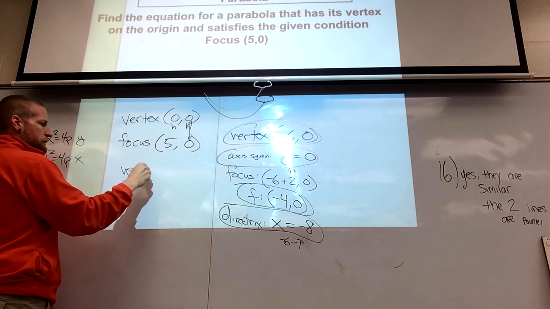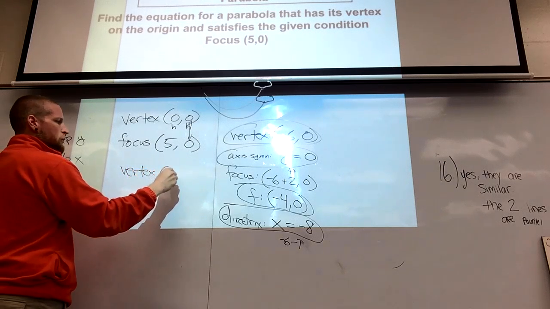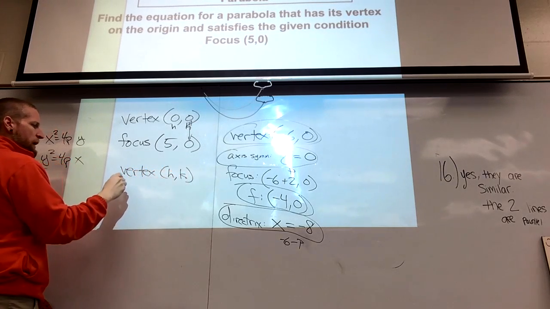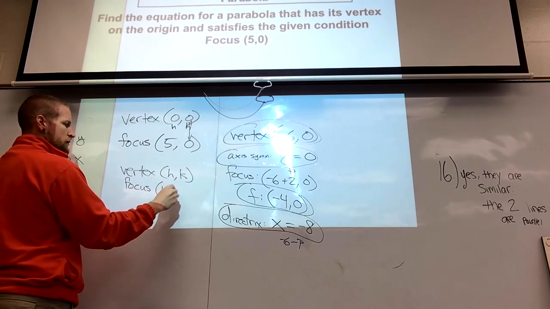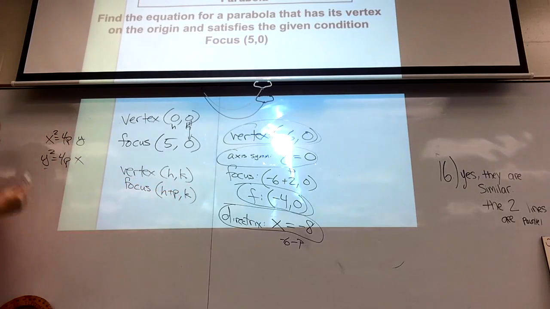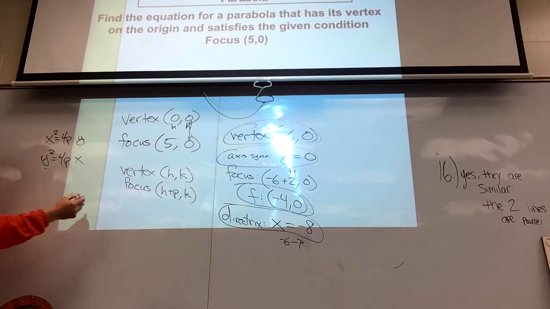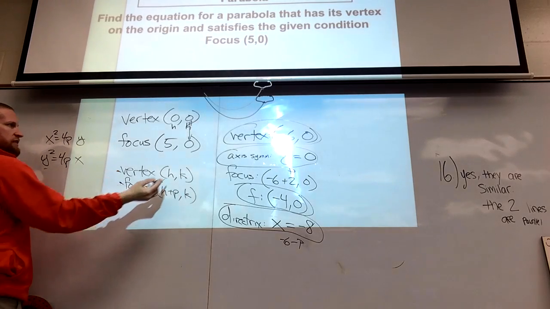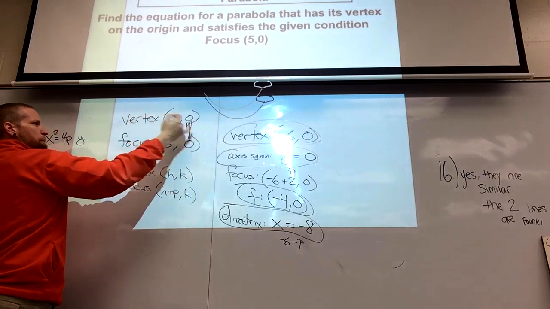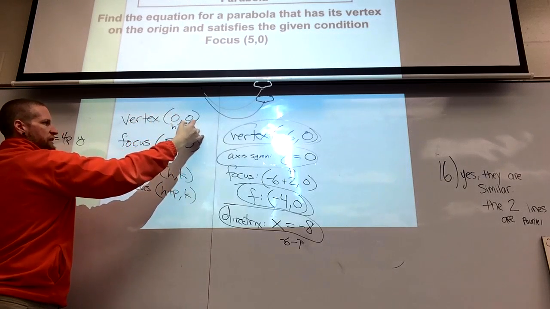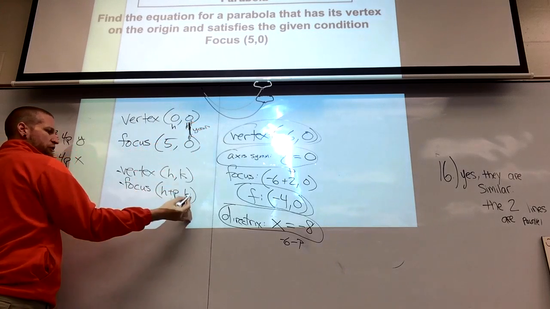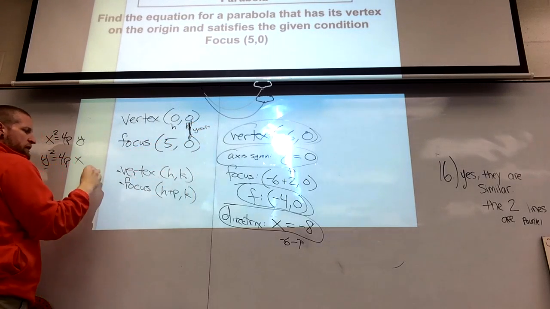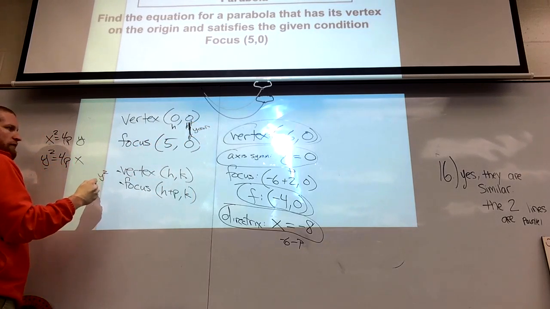Y squared. Yeah, so since that's my vertex, I want to find the focus that said like h plus p, comma k. You said that applied to the y squared one? Yeah. Okay, so the one that matches up to this, because if I've got both of these, just stack them and realize that, hey, the y-coordinate does not change. Y-coordinates never change between those two if it's a y-squared kind of graph.